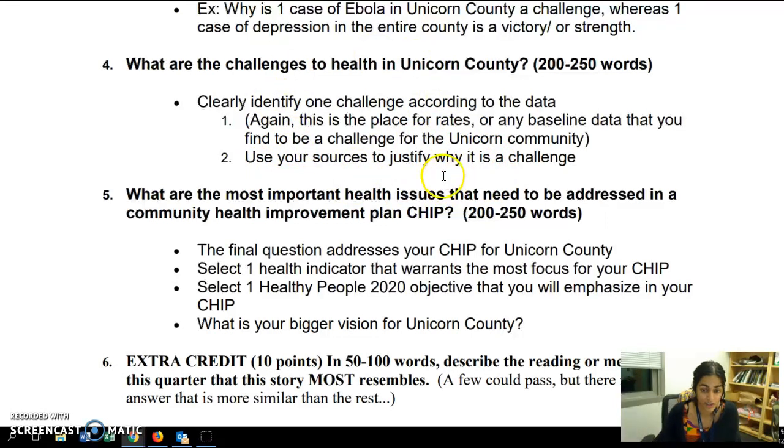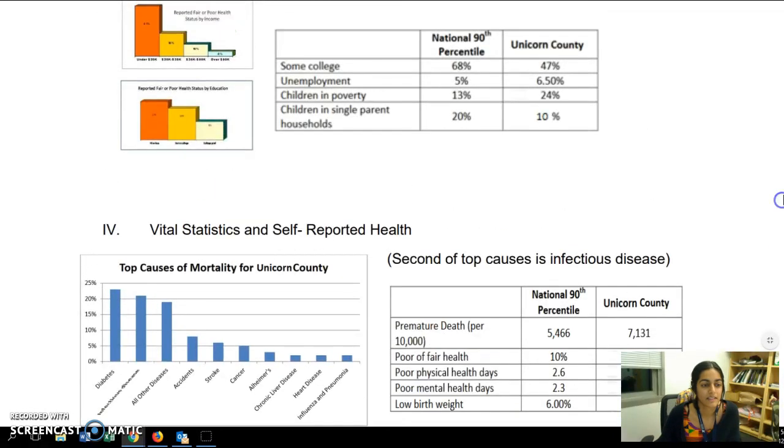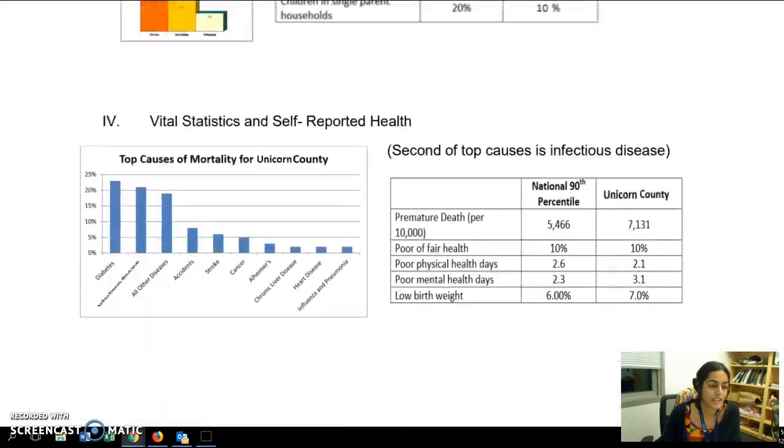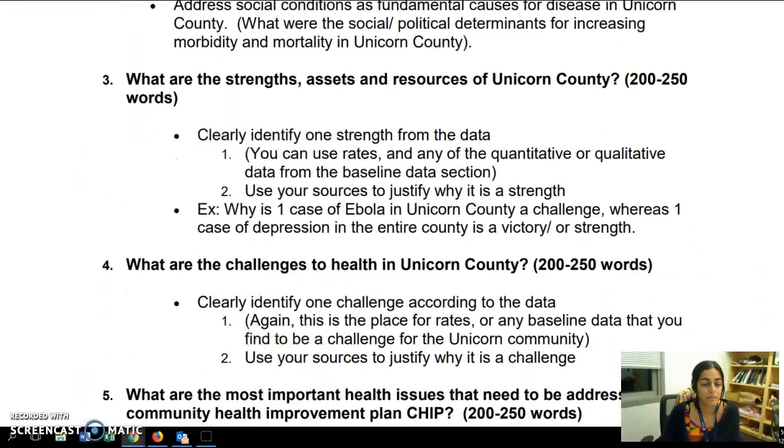that challenge. Why is high obesity a problem? Why are some of these things, like hepatitis C, a problem? Besides being a health problem for individuals, what does it show about the resources and access?